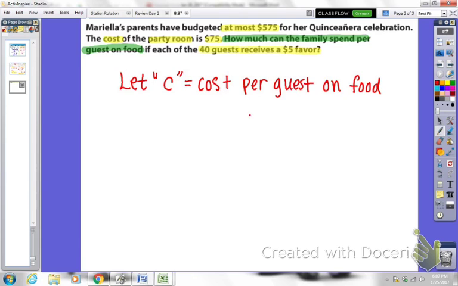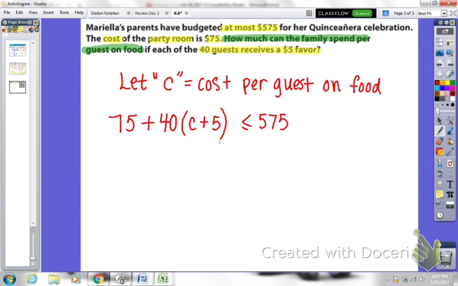All right, because it says at most $575, I'm going to use the less than or equal to inequality sign because I can't go over my budget of $575. That's the max I can spend, or anything smaller. So the cost of the party room is $75. And you're also going to add, there's 40 guests going, and they're getting food and a $5 favor.